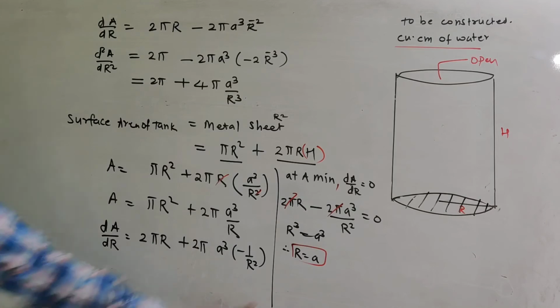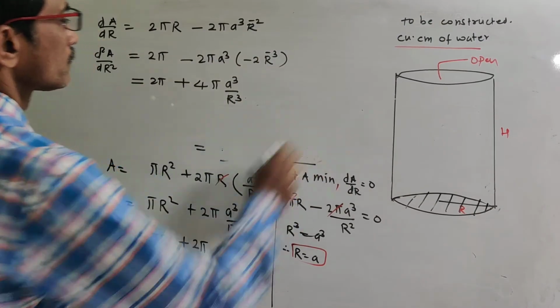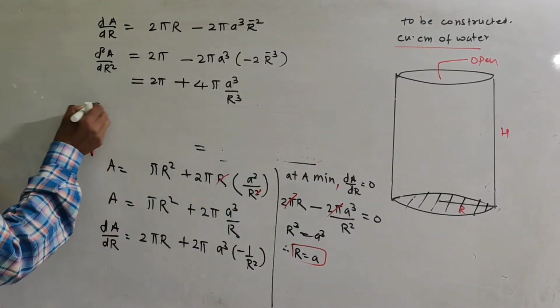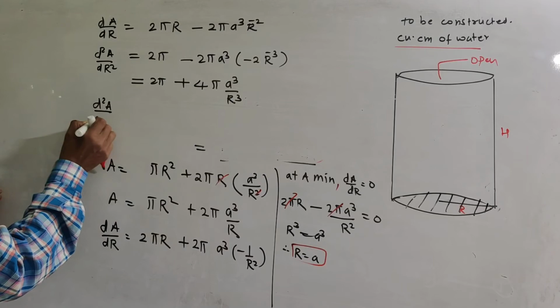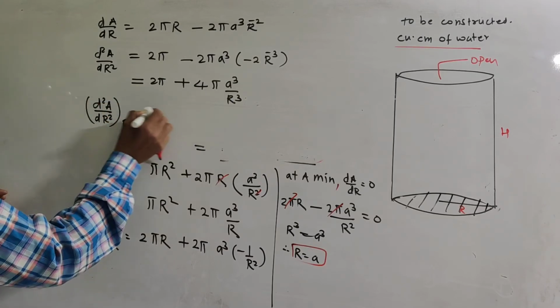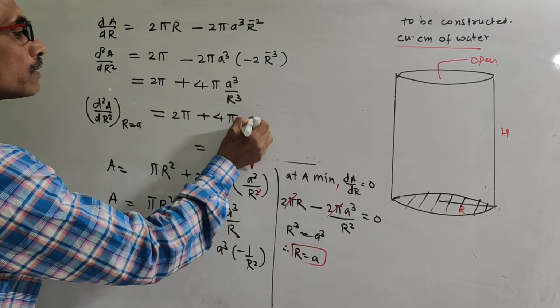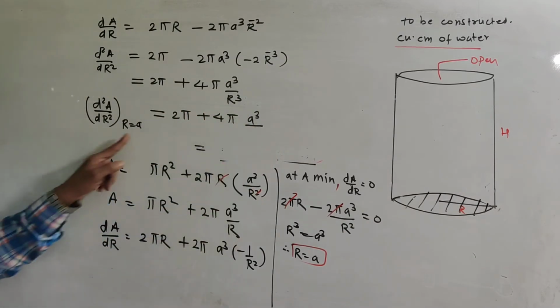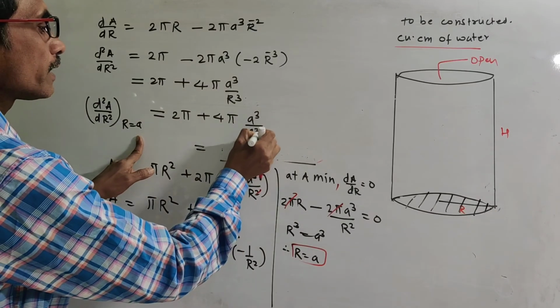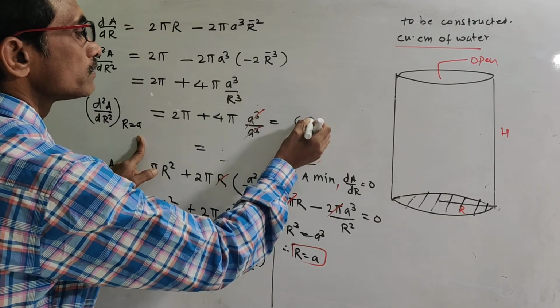Now our r is equal to a. The second order derivative d square A by dr square at r equal to a is 2 pi plus 4 pi a cube upon a cube, which cancels, and it will be 6 pi.